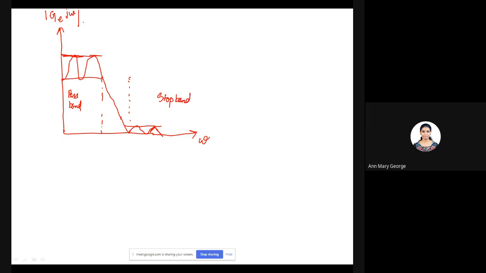This is the pass band and stop band of the filter, and the area in between the pass band and stop band will be known as the transition band. This will be omega p and this will be omega s.